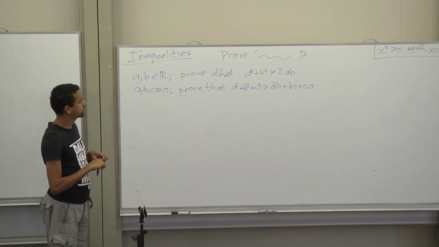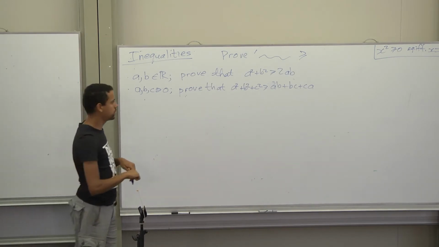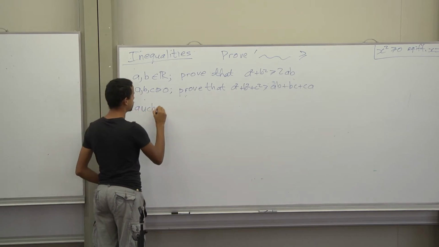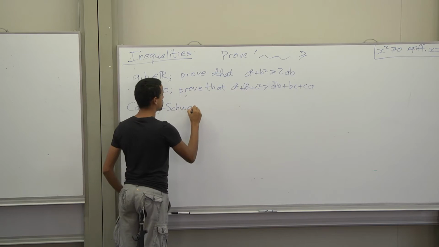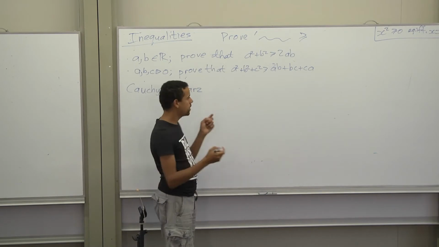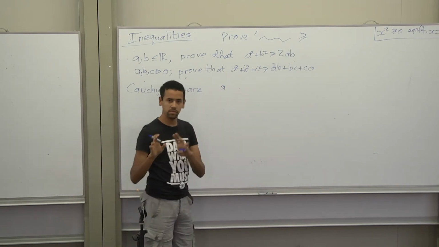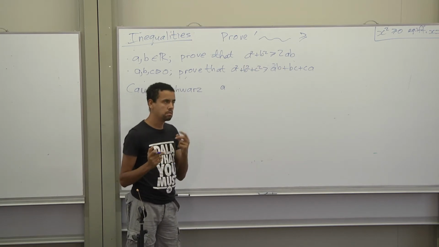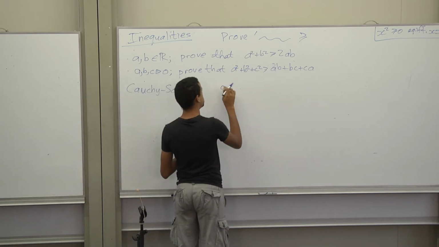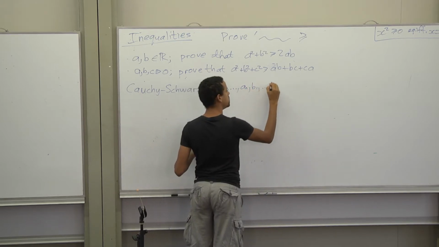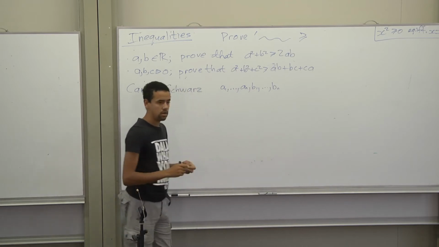So the next one is a result called Cauchy-Schwarz inequality. What Cauchy-Schwarz says is that given two finite sequences of real numbers, technically infinite sequences works as well, a1 to an, and b1 to bn, of the same length, the following is true.